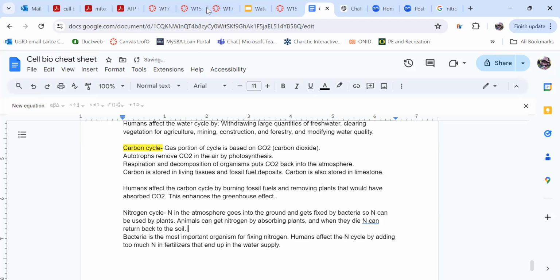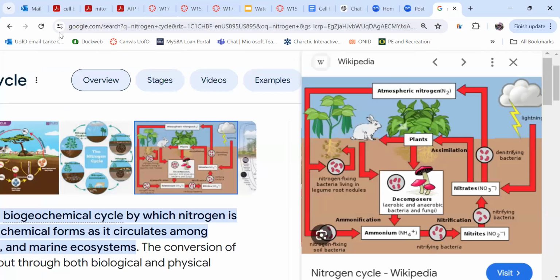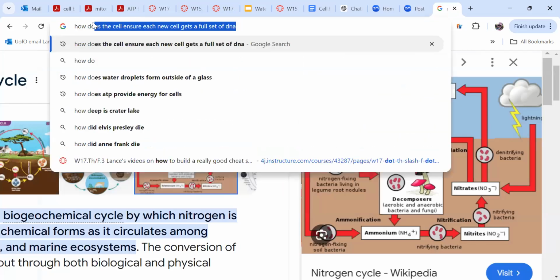That's a good way to put it. Now, what else happened here? Oh yeah, okay. So lightning has an effect as well, right? So we have the nitrogen fixing bacteria, denitrifying bacteria. So how does nitrogen go from soil back to the atmosphere? That's a good question.